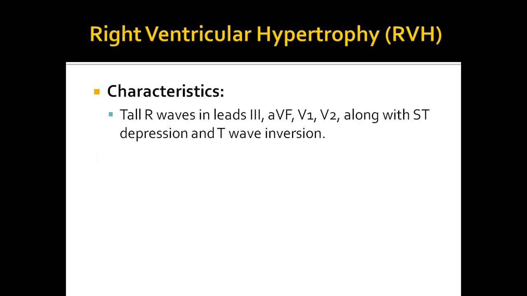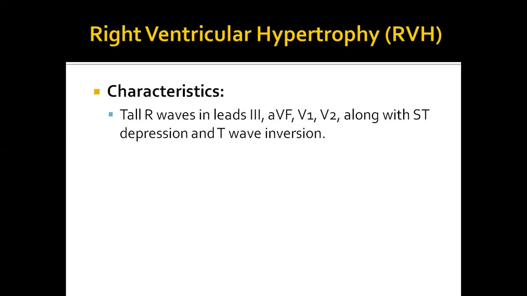Right ventricular hypertrophy, or RVH, typically results from pulmonary hypertension or congenital heart disease. ECG findings include tall R waves in leads V1 and V2, as well as deep S waves in V5 and V6.